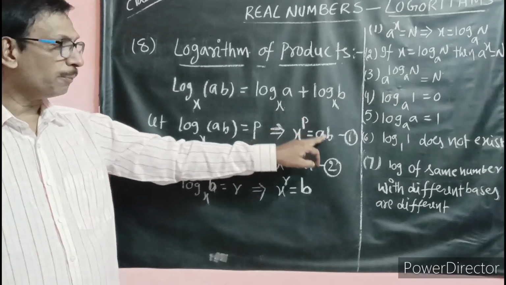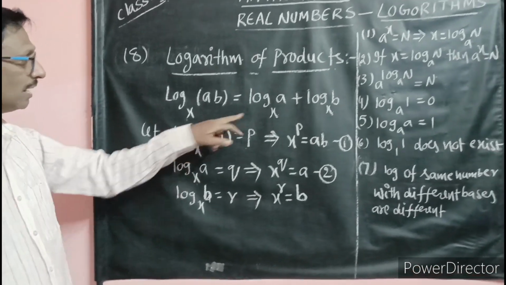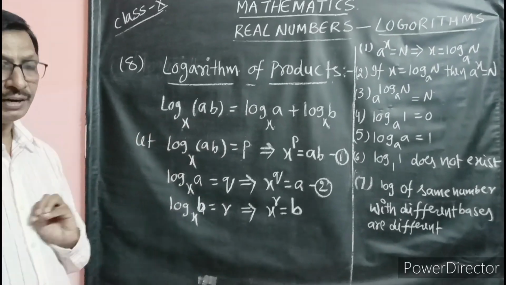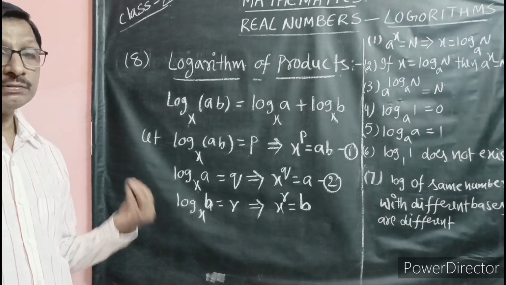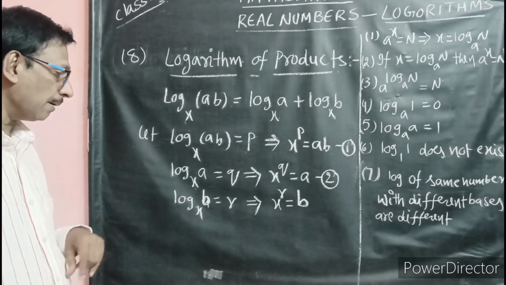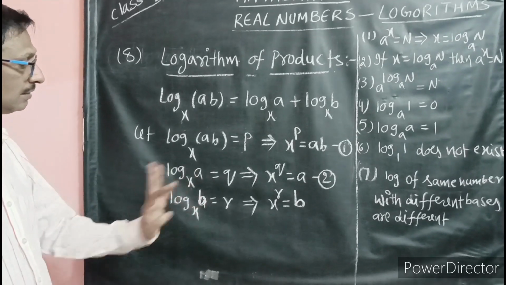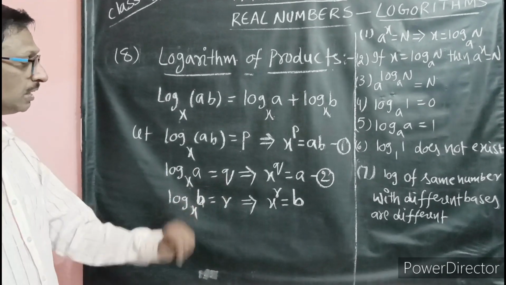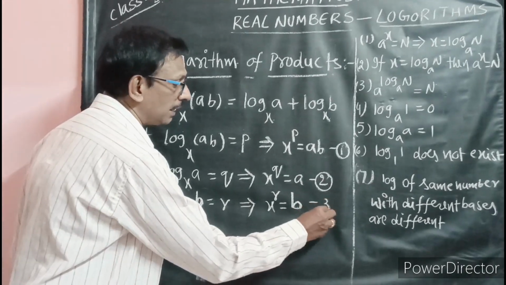X to the power of p is equal to ab is equation number 1. Log a to the base x is equal to some q we taken. Now by writing the exponential form, it becomes x to the power of q is equal to a. Similarly, the last term, log b to the base x is equal to r, which implies x to the power of r is equal to b. It is equation number 3.